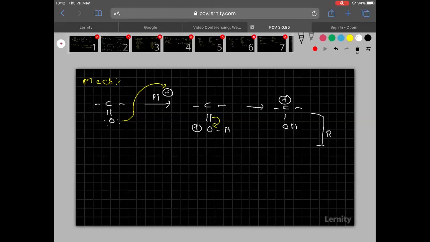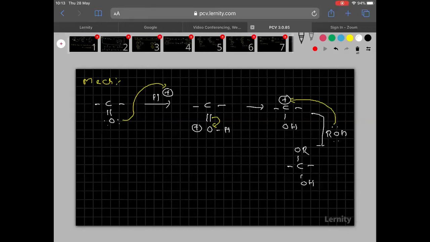Now alcohol will attack. Oxygen carries 2 lone pairs here, so oxygen will give one lone pair to the positively charged carbon. Is it clear? Then you will get OR here. Actually, I think you understood, oxygen will get positive charge. It cannot bear positive charge, so immediately it will lose the H plus ion.